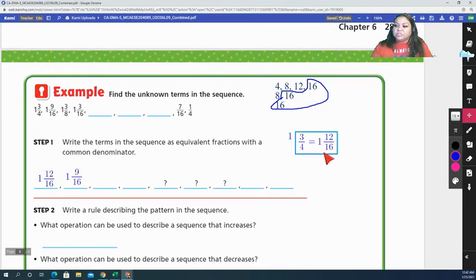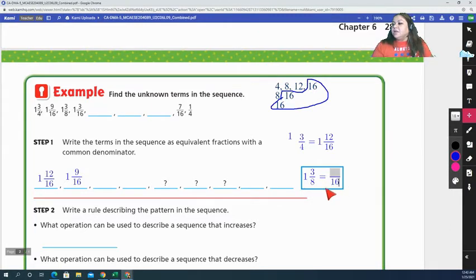So this one I do need to find the equivalent fraction. In this case, the fraction is 3/8 with a whole number of 1. And so the equivalent fraction, well, we know that the denominator needs to be 16.